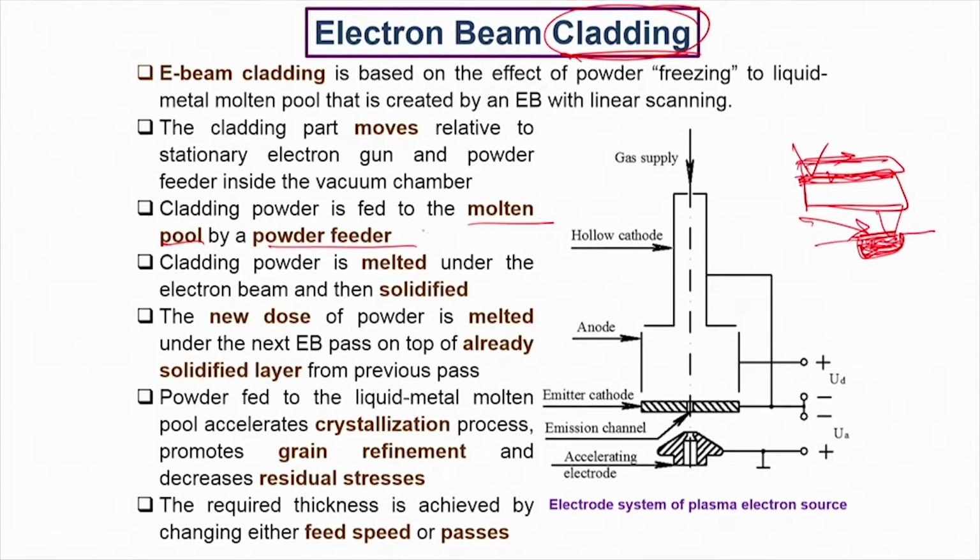Instead of powder, it can be wire, it can be a tape, it can be other forms, in whichever way you actually can create. So the molten layer will solidify and create a good metallurgical bond, and this is done in vacuum and with very high precision. So obviously, in most of the cases there will be very little requirement of subsequent processing or machining and so on.